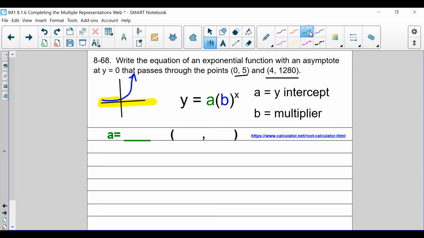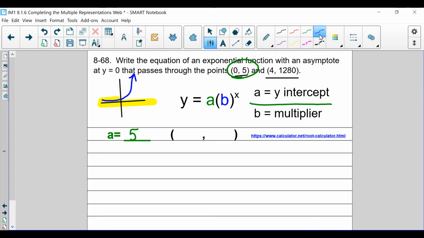All right, next thing is we're going to notice that it says 0.5. That's important information. I'm going to do that in green. That is our y-intercept. So we know that our a value is our y-intercept, so we're going to call this a is 0.5.